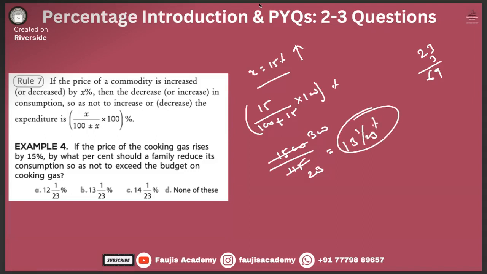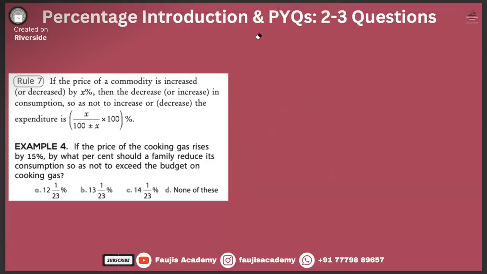Now let's try to understand how exactly it works out with a different approach. The price of cooking gas increased by 15%. Earlier, in 100 rupees, let us say they used to buy 1 liter of cooking gas.